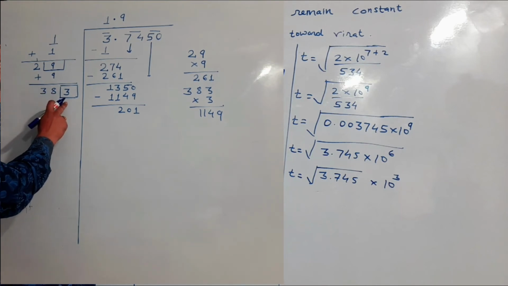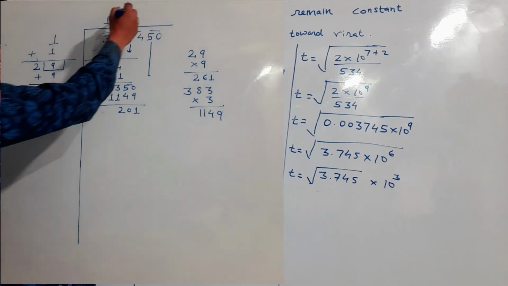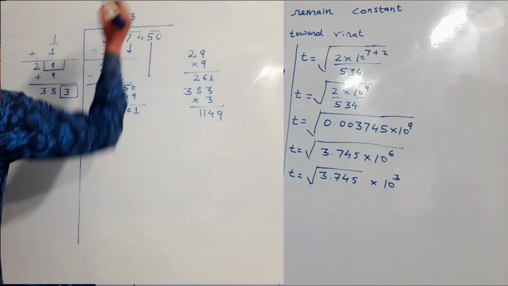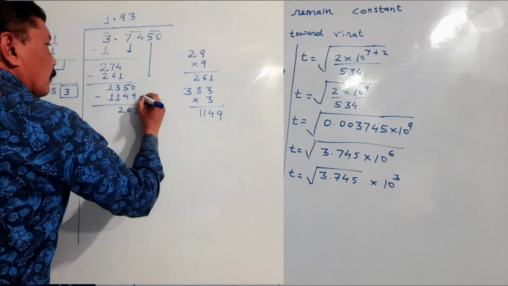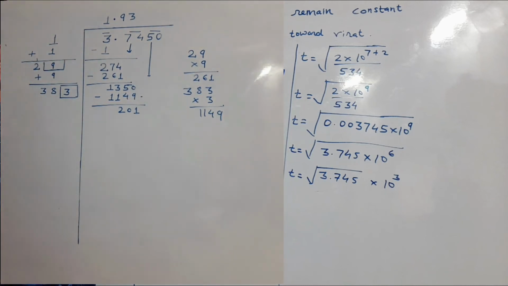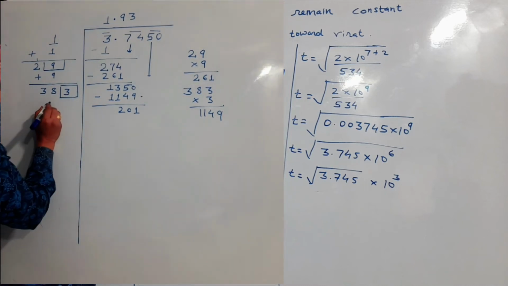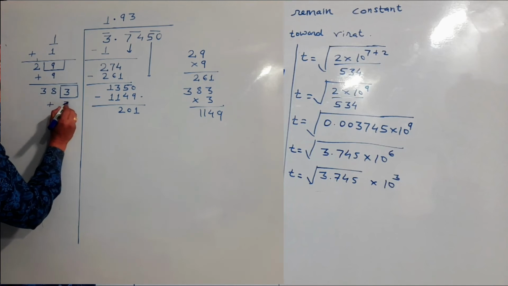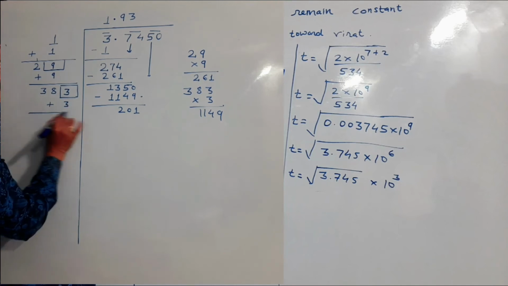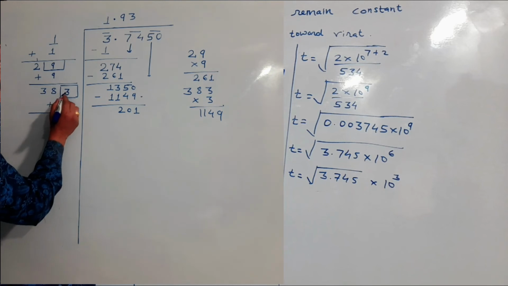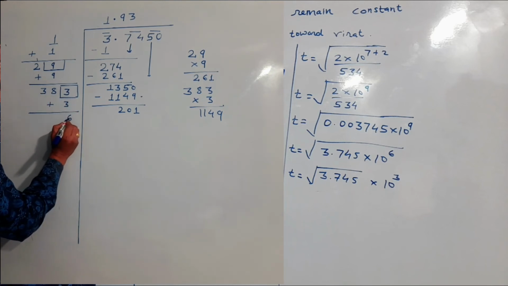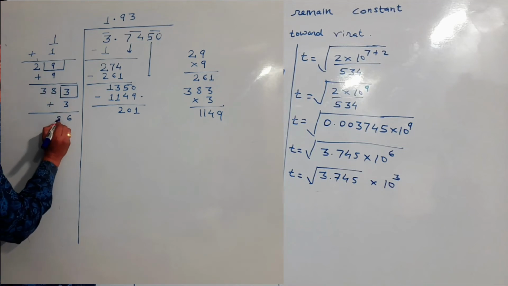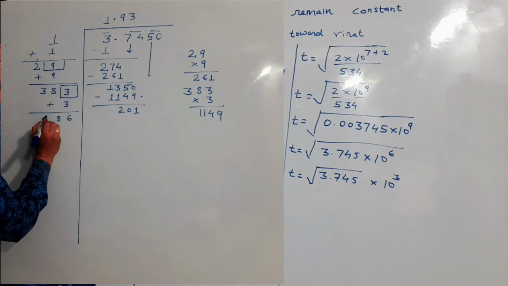383 into 3, we got 1149. So the same digit we will add, and then here we will get 3 plus 3, 6, 8, 3.